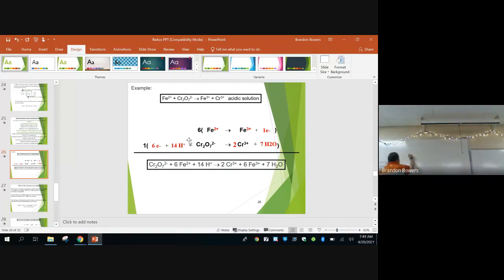Fe. Oh, that's not what I meant to write. Fe with a +2 charge plus Cr2O7 with a -2 charge, gives Fe3+ plus Cr +3.